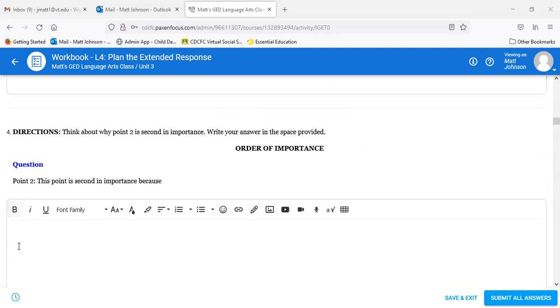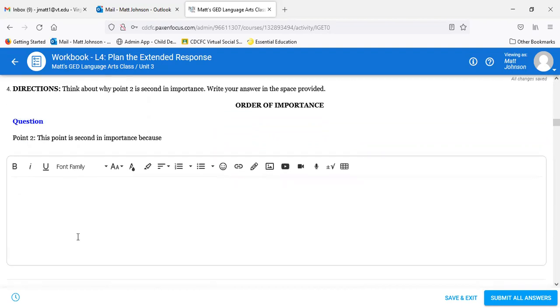So then 2. This point is second in importance because we chose reasons, right? Reasons are second because it further explains the points of view of the two authors.